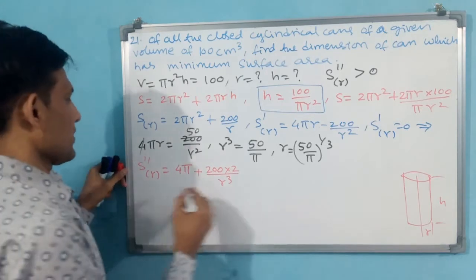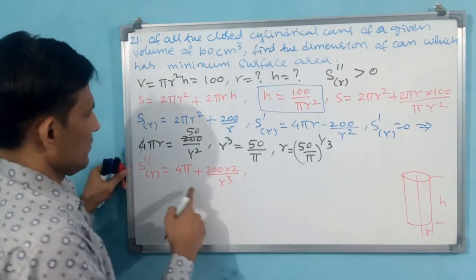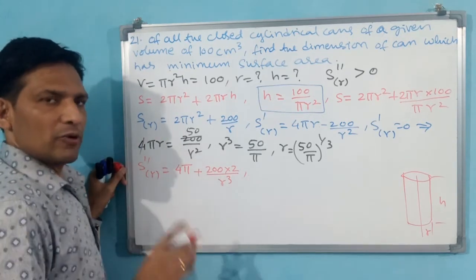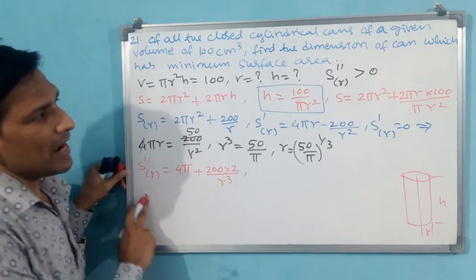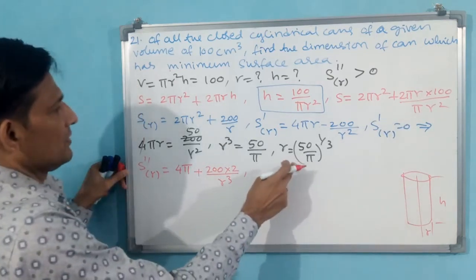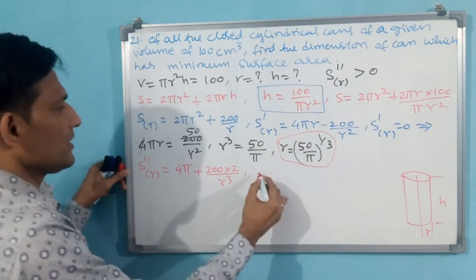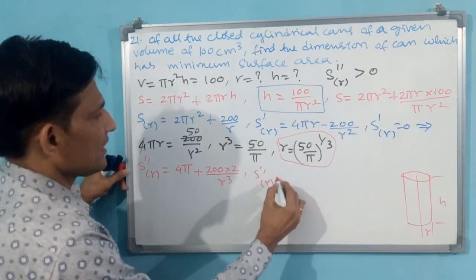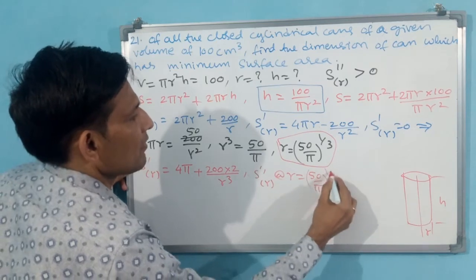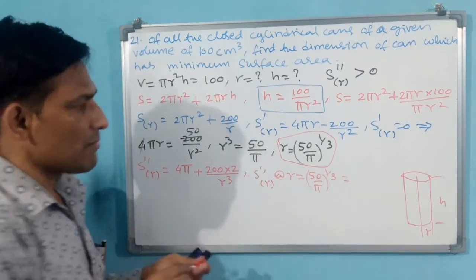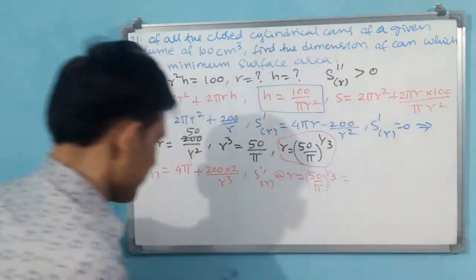Now you see, 4 pi plus 400 by r cube is there. Okay, let it be. Now you see S double dash r at this value of r, you have to find. S double dash r at r is equal to (50 by pi) to the power 1 by 3 is equal to, see I am removing this figure, we don't have space.